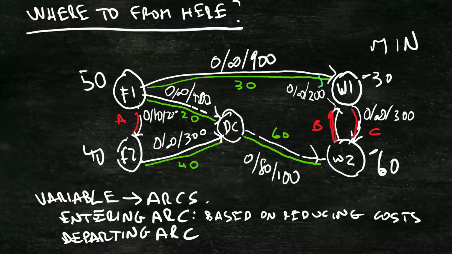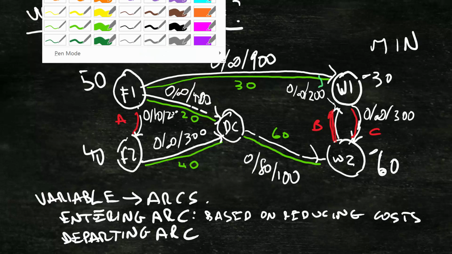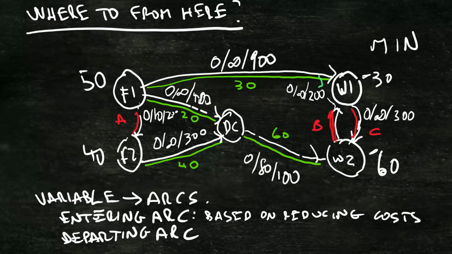Now let's see what happens when an arc is added. So let's say for a moment that we take arc A, and let's erase this one right here.